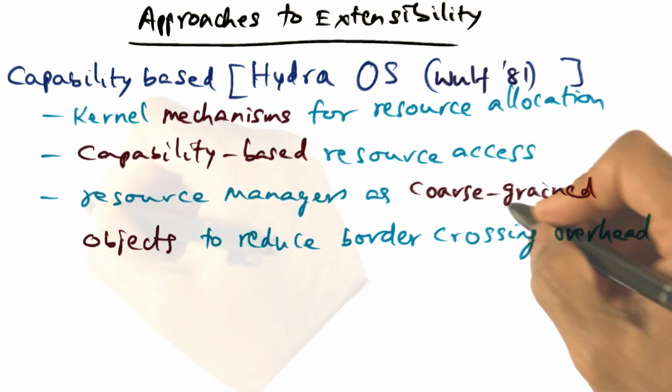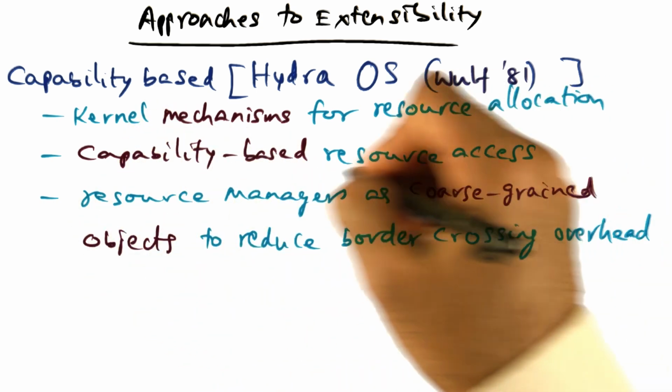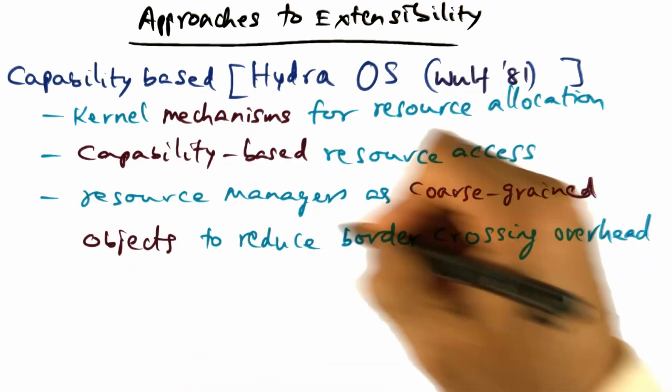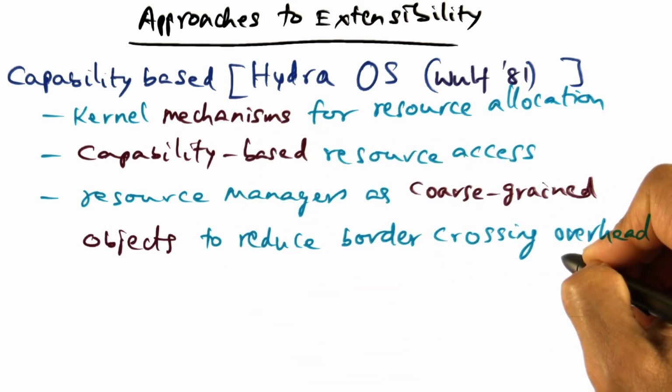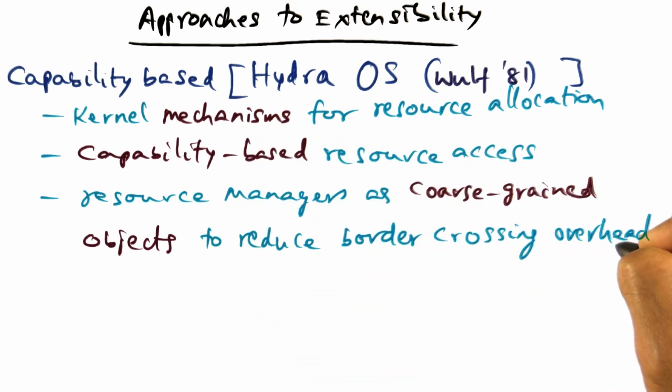And for that reason, Hydra used coarse-grained objects to implement resource managers. That way, they can reduce the border crossing overhead.